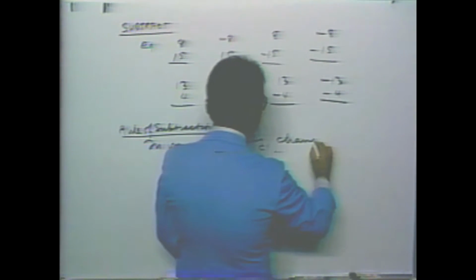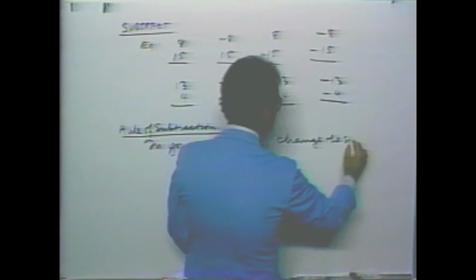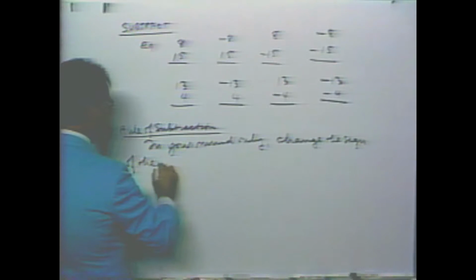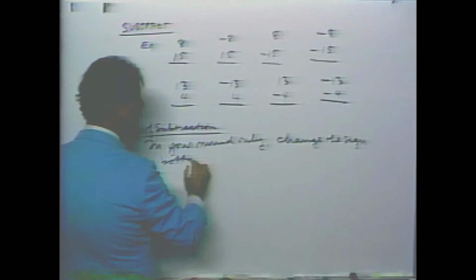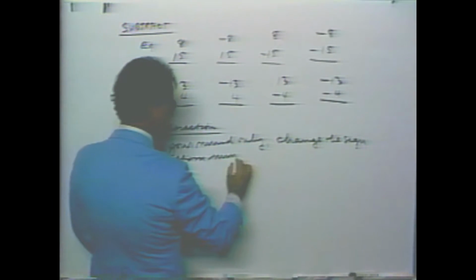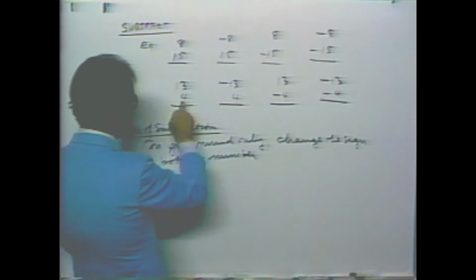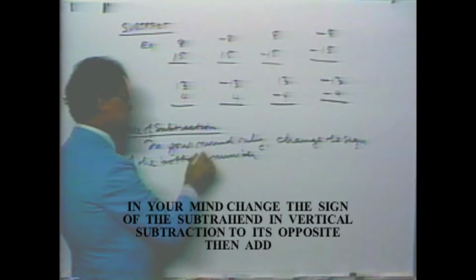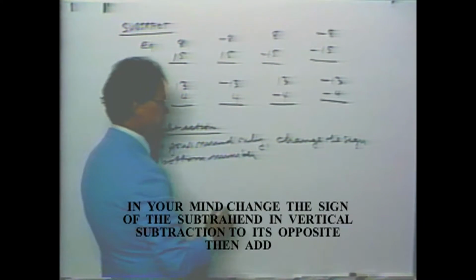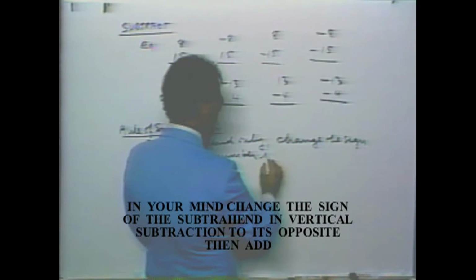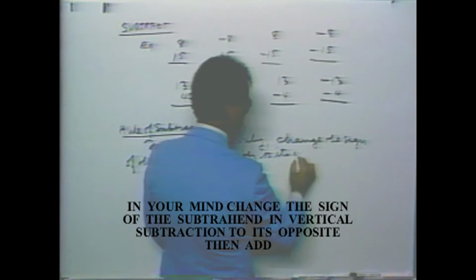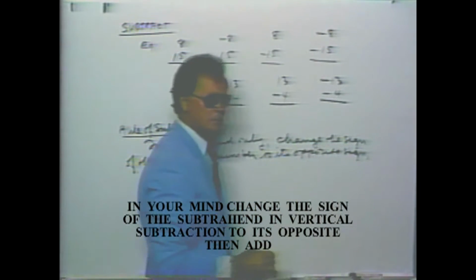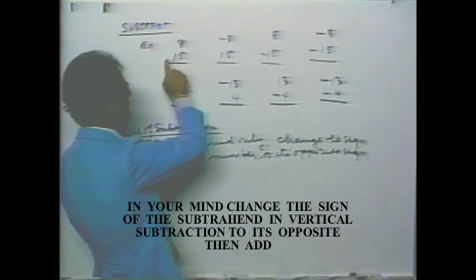change the sign of the bottom number. This is the bottom number in this example. So in your mind only, change the sign of the bottom number to its opposite sign. In other words, the opposite to positive is negative.